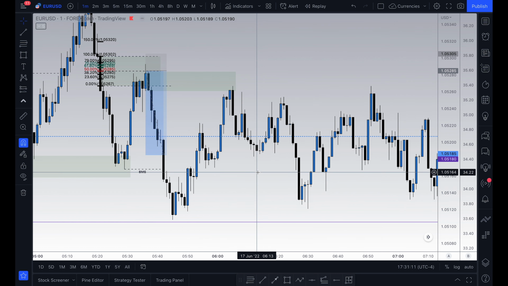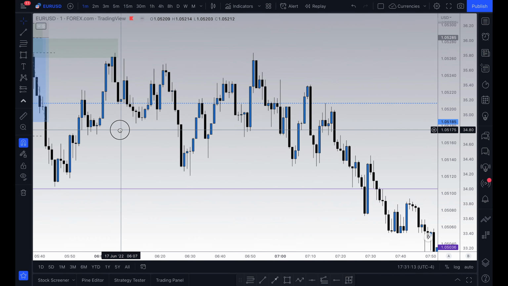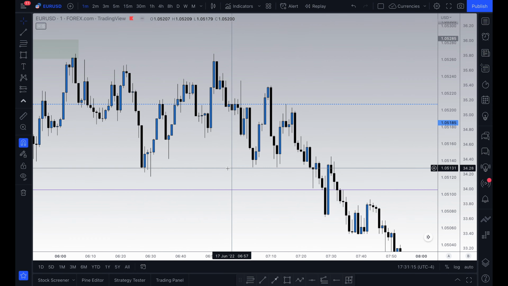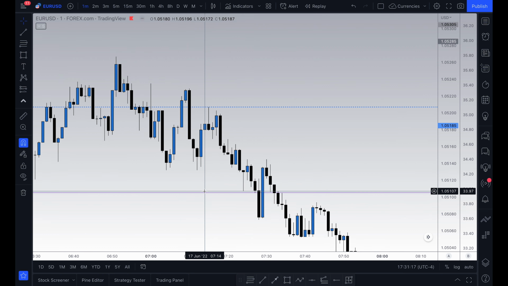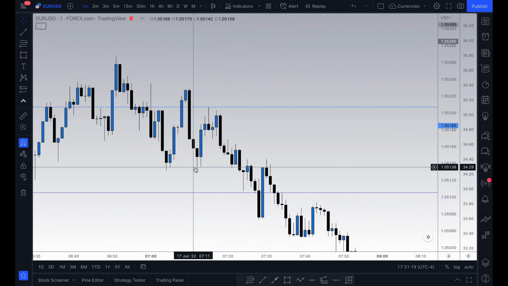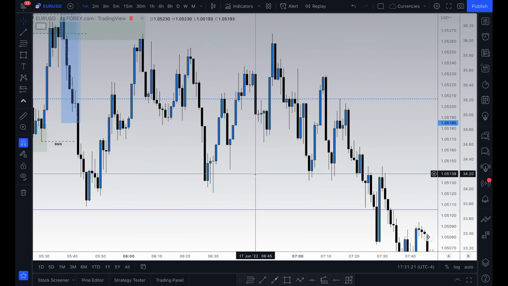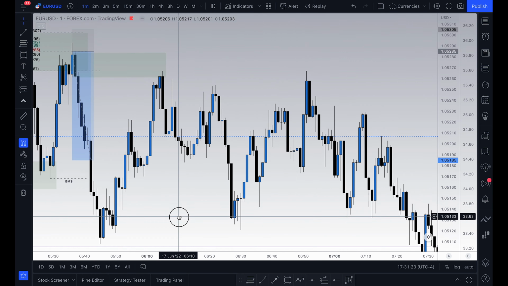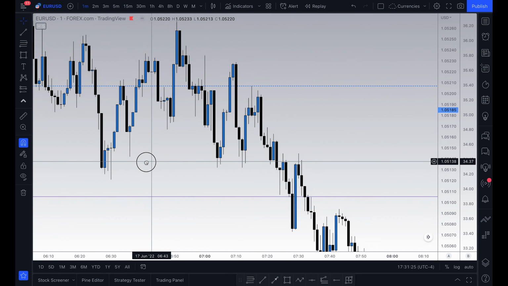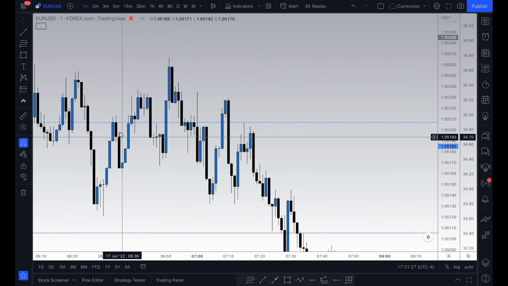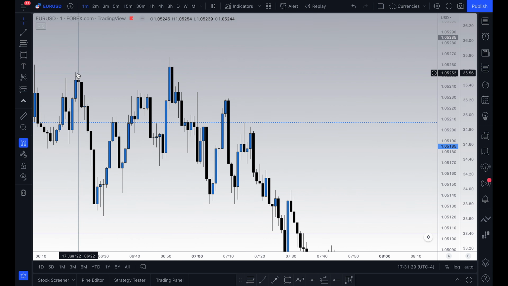Now, before we get out of here, price continued to crash down, obviously, but you wanted to meet those rules of breaking structure. That's one thing I don't want to leave out. So here is a setup.